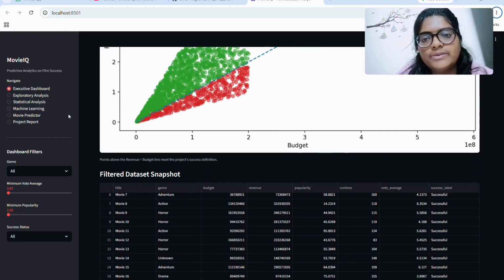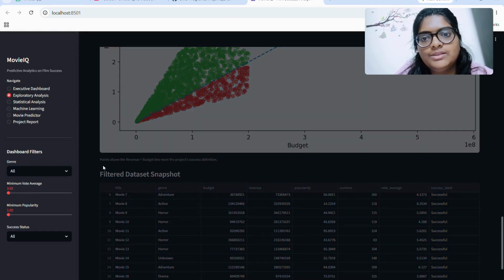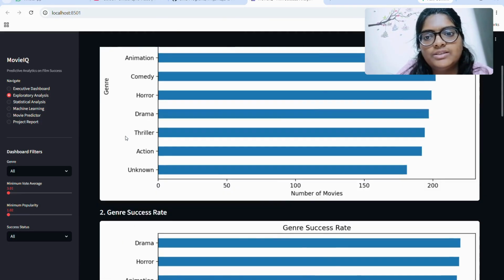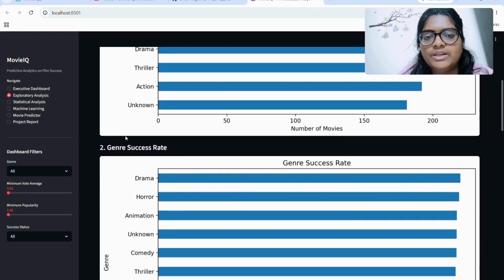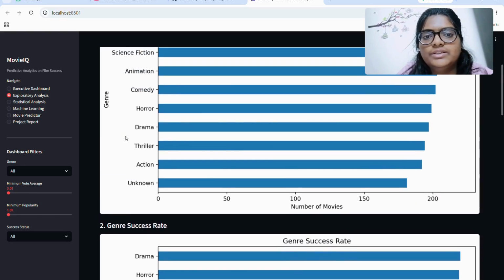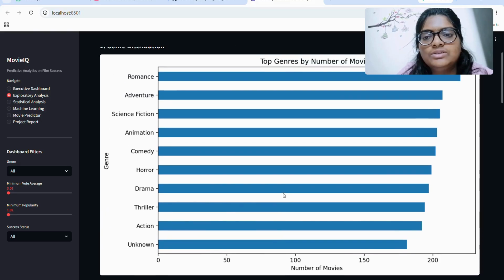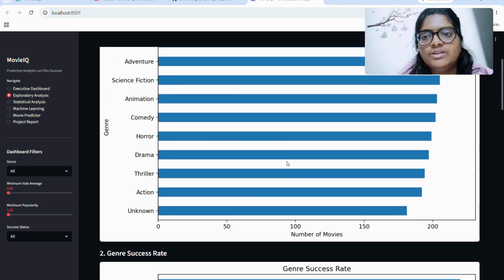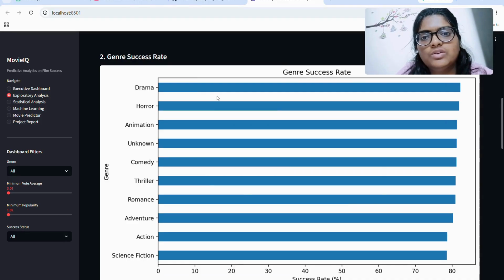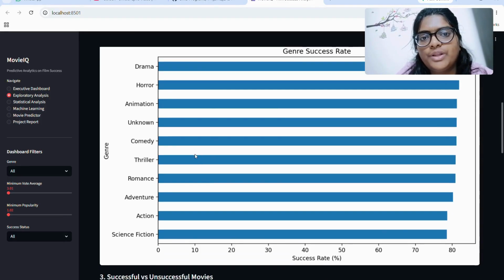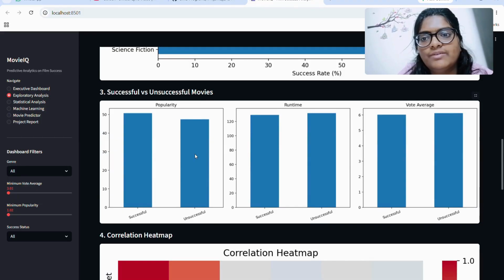Now moving to the exploratory analysis section. Here I analyzed the distribution of movies across different genres. The genre analysis helps identify which genres are most commonly represented in the data set and allows us to see their success rate. I also compared successful and unsuccessful movies based on variables such as popularity, runtime, and vote average.